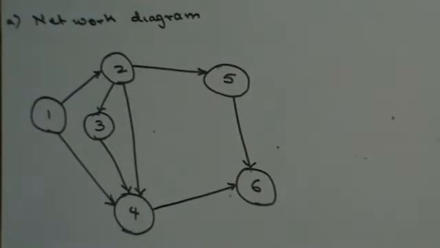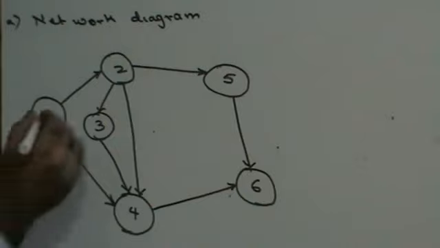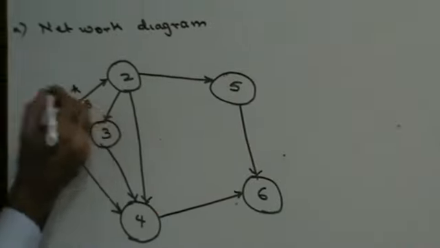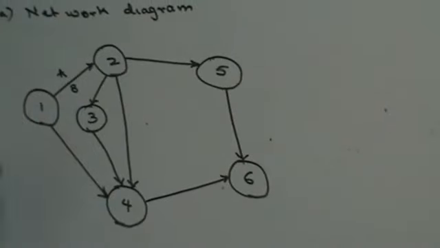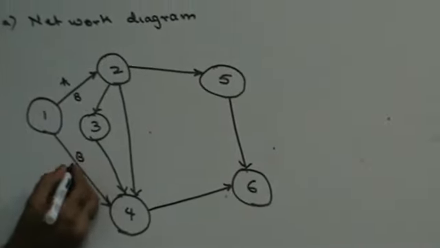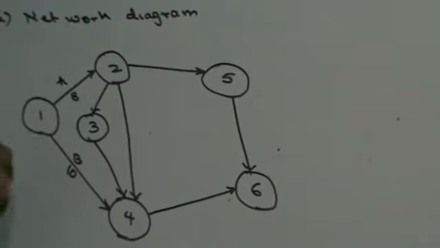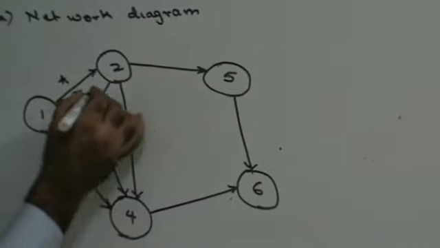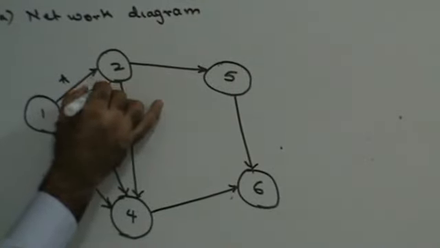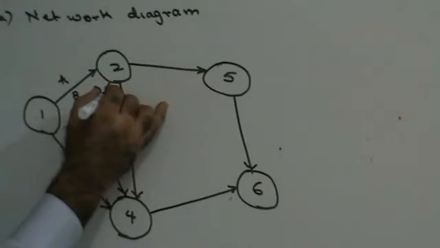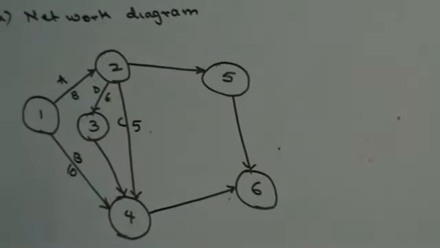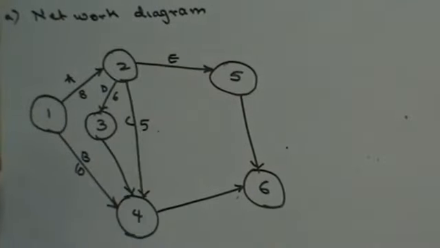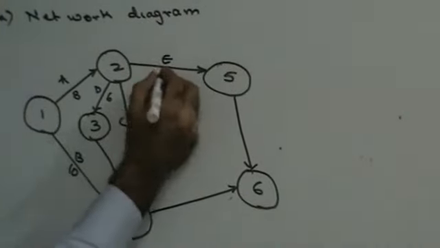Right? Let's write the normal time down. From 1 to 2, we'll call this activity A. This is 8 days. From 1 to 4, activity B is 10 days. From 2 to 4, activity C, which is 5 days. From 2 to 3, activity D, which is 6 days. Then from 2 to 5, activity E, which is 8 days.